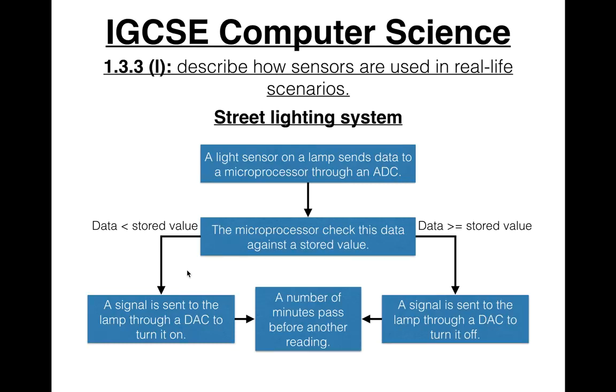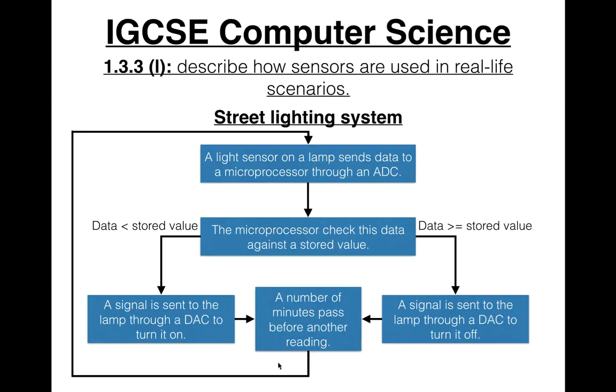If it's constantly checking, the light's just going to keep turning off, on, off, on, and that can be really annoying. So what the system can do is wait a few minutes before taking another reading so that the light stays on or off, and then can continue. And this is, of course, a cycle, because it'll keep happening.